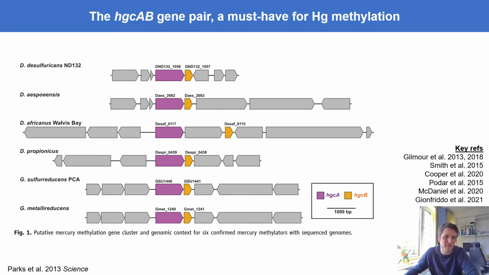There is a high number of papers using this information about the genes to detect them in environmental genomic data, as I just put on the right part of this slide.